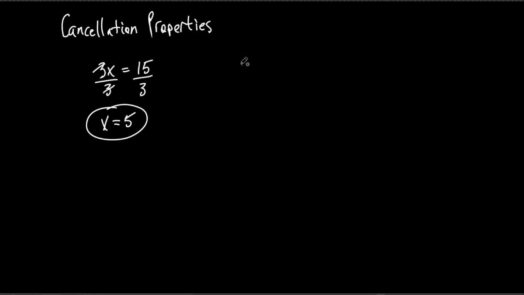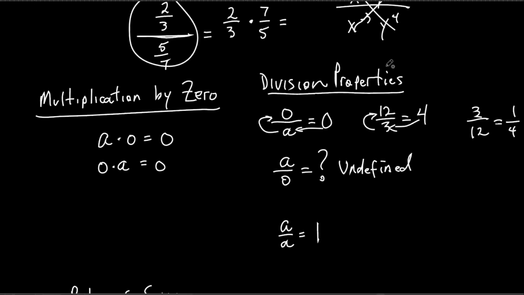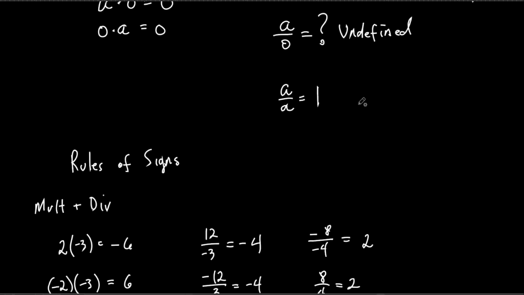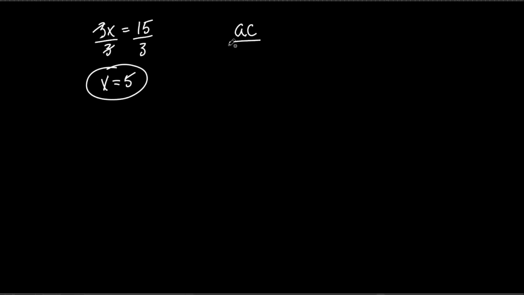What if we had stuff that was kind of, remember this stuff I crossed out right here? This would be cancellation. Now, it's an extra step because you got negative exponents and stuff, but we'll get to that some other time. But this is still cancellation. Watch, what if I go AC over BC? What if I wanted to simplify this? That's what they would tell you here. On the other one, they would say solve.